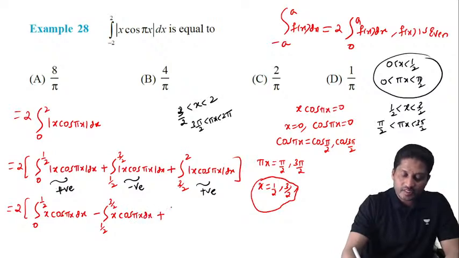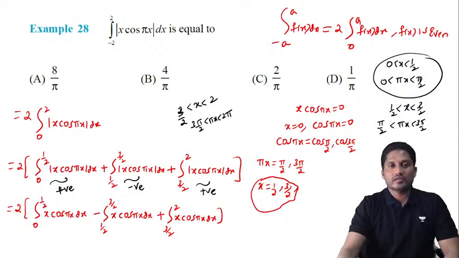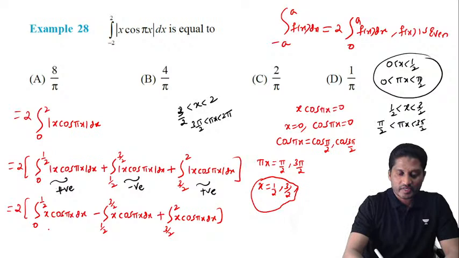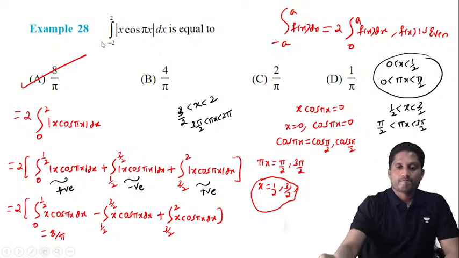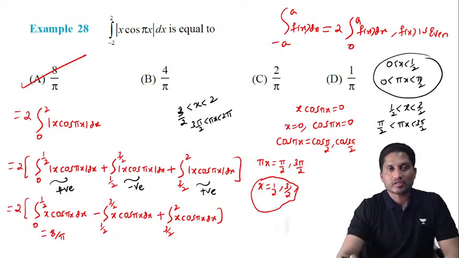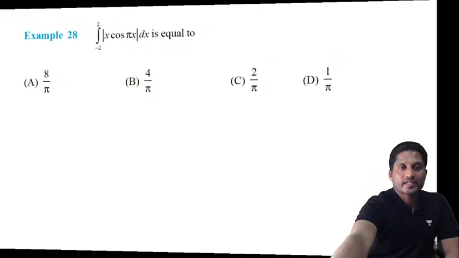Okay, and then plus integration of 3 by 2 to 2, x into cos pi x dx. Right, now if I integrate all, you will get the answer as 8 by pi. Integrate this, use by parts, guys. Answer will be 8 upon pi. This was, I repeat, asked in 2019 paper. Let's move to the next question.